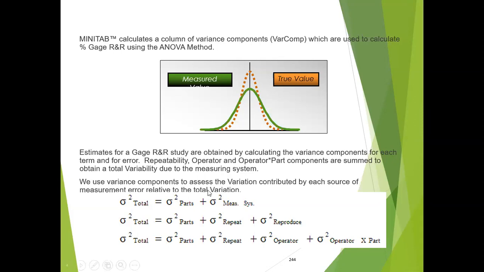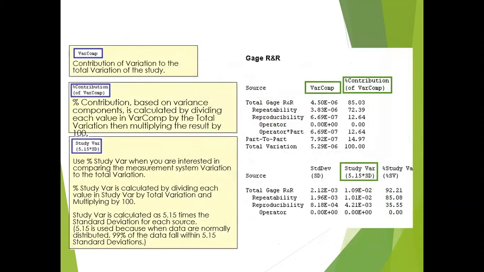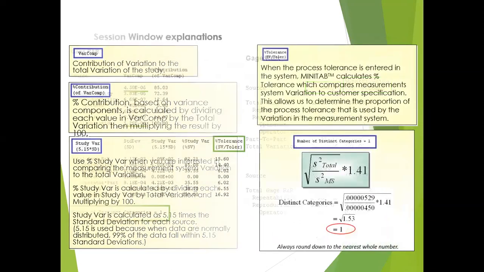Right. Perfect. So the total variation contains two things. One is part variation, and then you have the measurement variation. So measurement variation, if you further break down, you have reproducibility and repeatability, right? Which could also be operator variance or operator by part variance. This is something we've already seen.